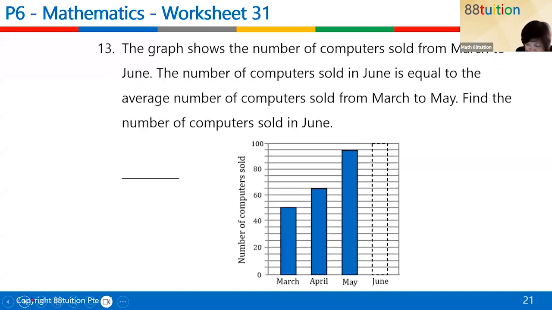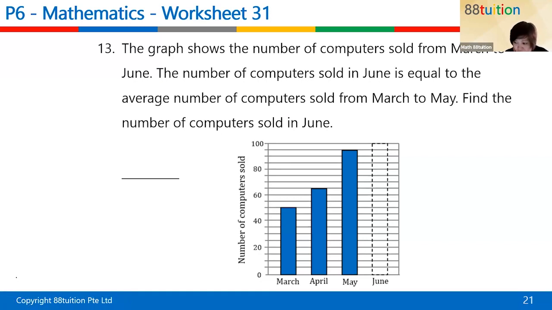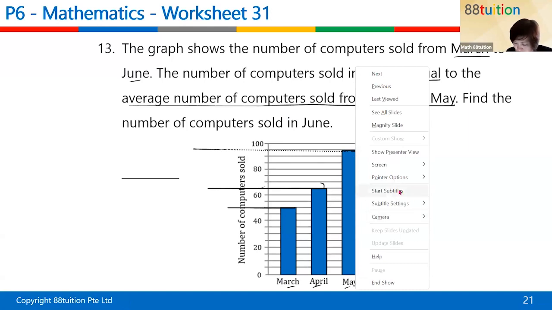Question 13. Let's check it out. This one I slow down a bit because of the graph. I need to read very carefully. It is sold from March to June. So March, April, May, June. June is unknown. June is equal to the average number from March to May. Meaning you need to read this. Let's check it out.